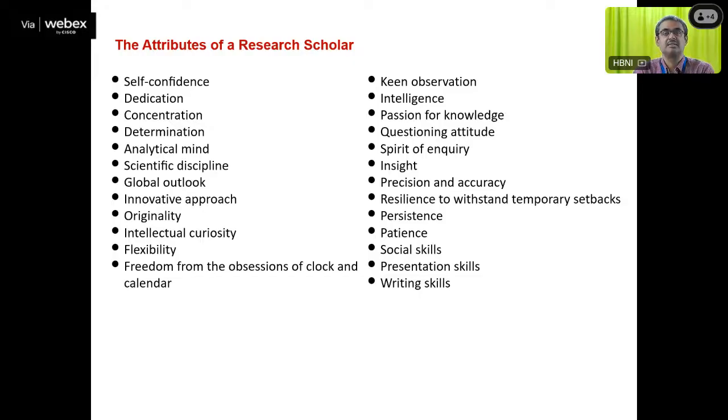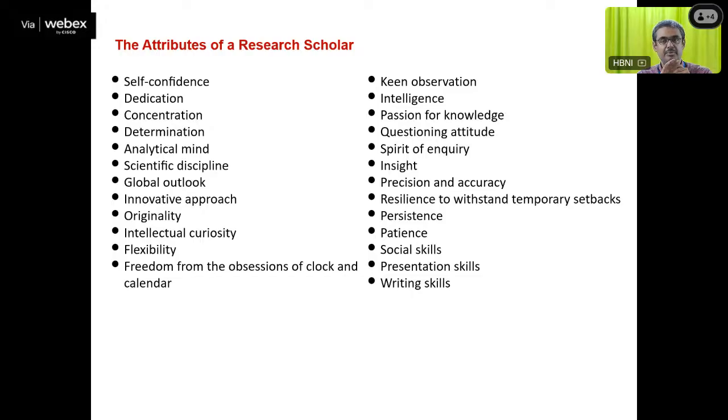Concentration. There are various quotes on concentration, but I will not go into those philosophical areas. Concentration is one of the foremost things required for a research scholar, because whenever you are thinking or analyzing data, when you are posing a problem, a huge level of concentration is required.